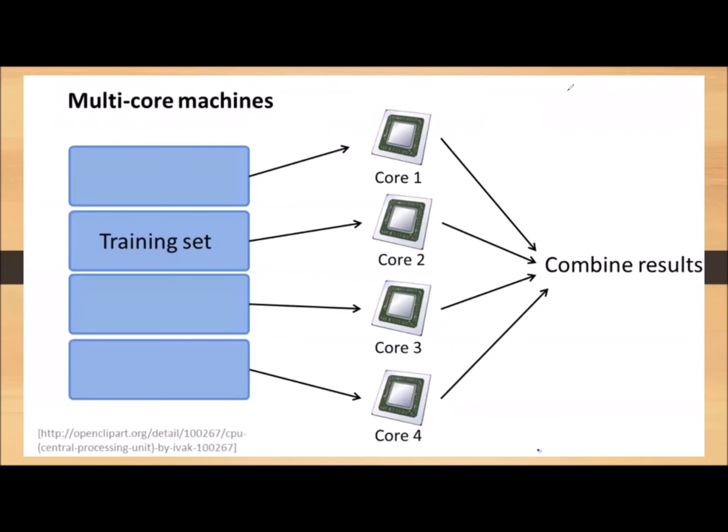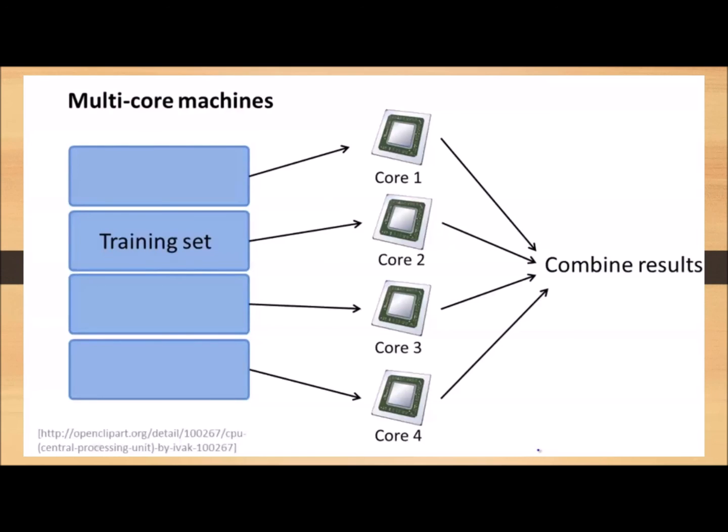So why are we using this map reduce process? Only to make computation simpler, faster and more efficient. We are dividing our training samples based on the number of computers we have.